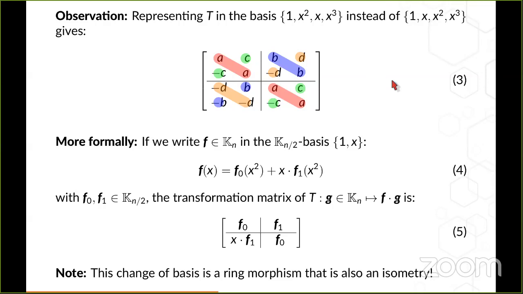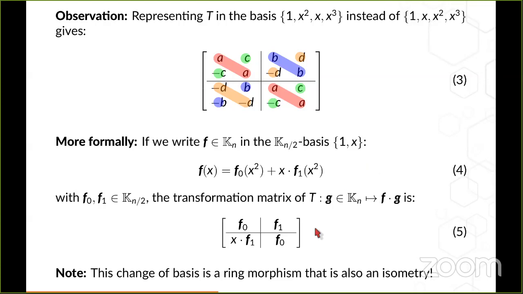So more formally, if we have a polynomial f which belongs to K_n, if we define f0 as being the even coefficients of f and f1 as being the odd coefficients of f, so we are splitting f in two, then the transformation matrix of the morphism which maps g to f times g is the matrix given in 5.